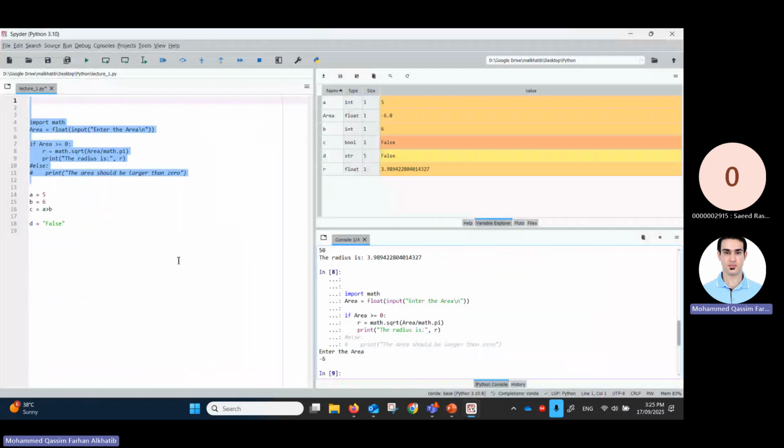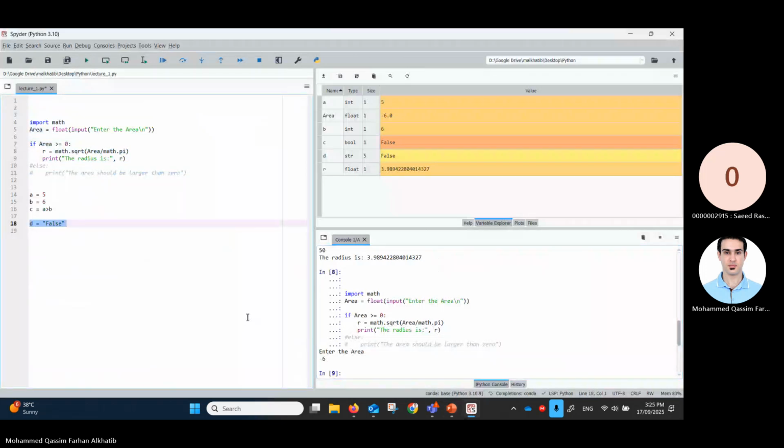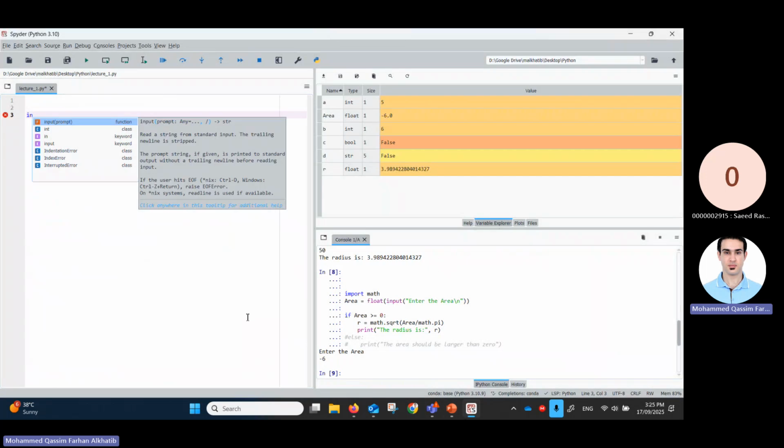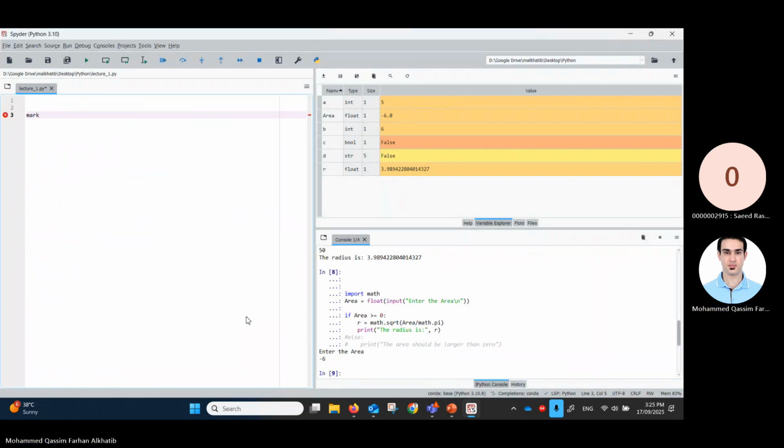Okay. So input mark equal. First of all, is it integer or float? Let's say if you scored 89.5. Yeah, it is float.